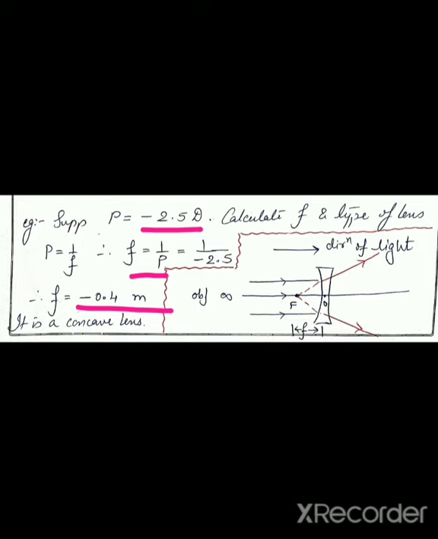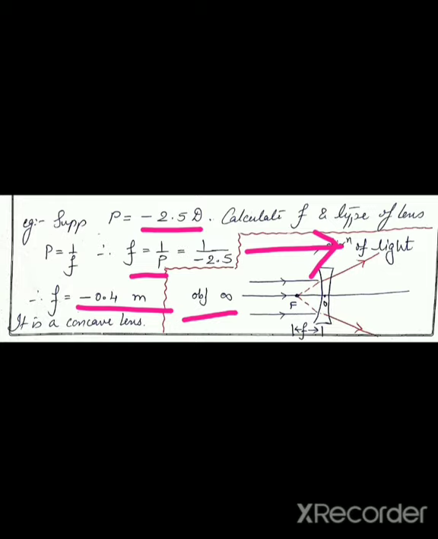One more thing I want to know is the type of this lens. Now see here, the focal length is negative. You should know which lens has a negative focal length, concave or convex. For that, just concentrate on the ray diagram. See here, this is the object placed at infinite distance, and in this figure, this is the direction of light.